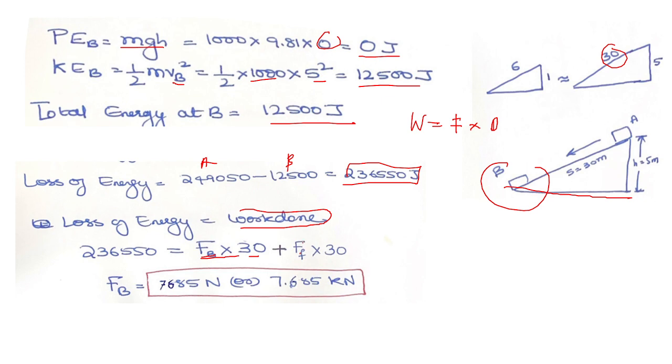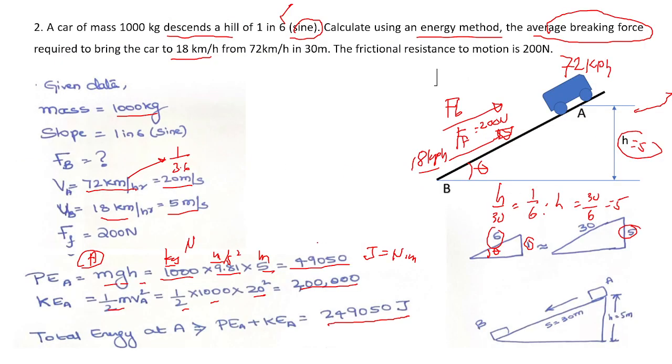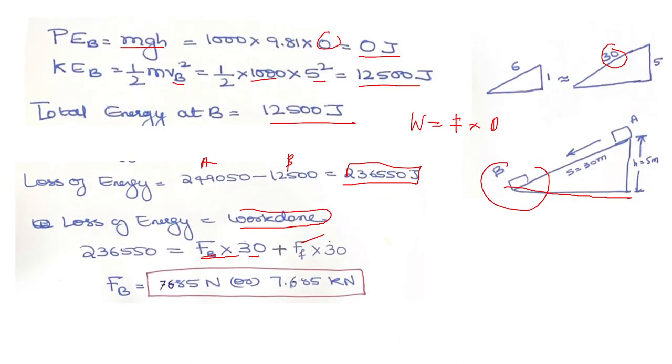Frictional force, which is equal to what? 200. And then 30. If you are going to do the mathematics, this will give you this one. But just to show you, this is just FB times 30 is equal to 236,550 minus this one.